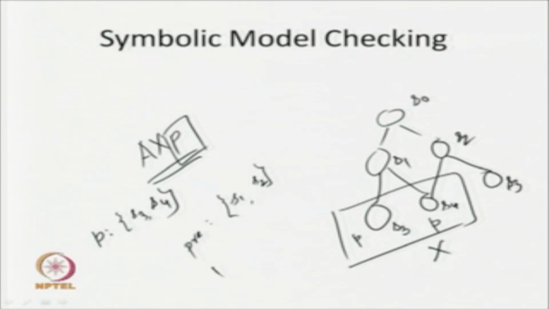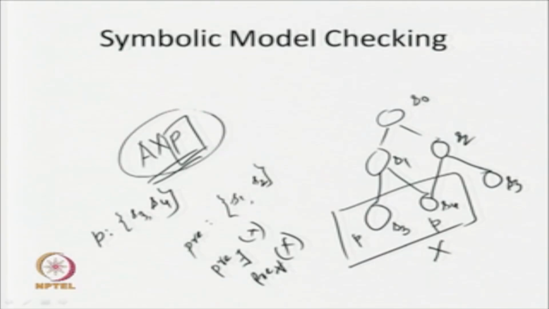Now, here we look at pre-exists X and pre-for-all X, which I introduced in the last class. Pre-for-all X means all the transitions are coming into this subset, and pre-exists means at least one edge is coming into subset X. In AXP, in all paths in the next state P is true, so all transitions must come into subset X. The predecessor states are S1 and S2.